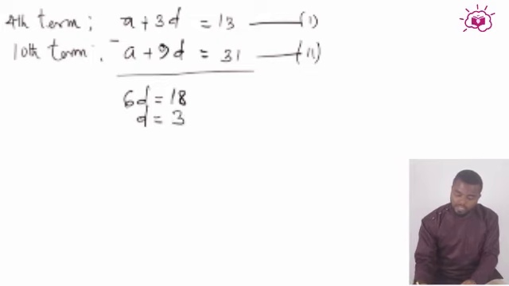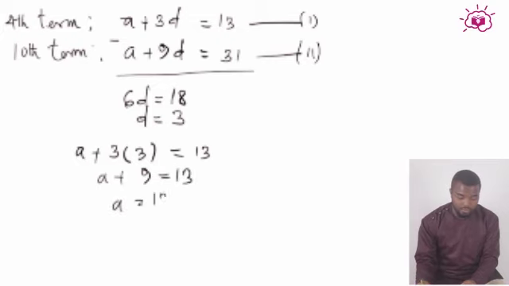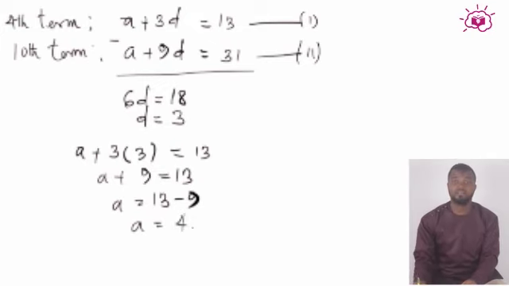Now substituting d equal to 3 in the first equation, we have a plus 3 times 3 equal to 13. So that would be a plus 9 equals 13. Collecting like terms, a equals 13 minus 9. That would yield 4. So we have our first term, a, as 4, and our common difference as 3.